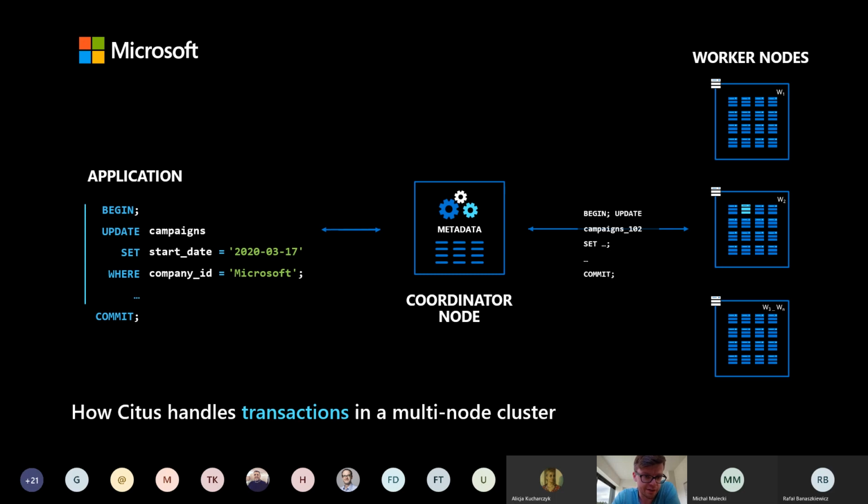Now, in addition to select and copy, another thing you can do in Citus is just regular transactions, like begin, update, insert, select, delete, commit. So this is a transaction block. And basically Citus supports arbitrary transactions. You can have transactions that span across nodes, you can have an update that's parallelized across all the shards and some other things, and then commit, and it's all going to commit as one unit.